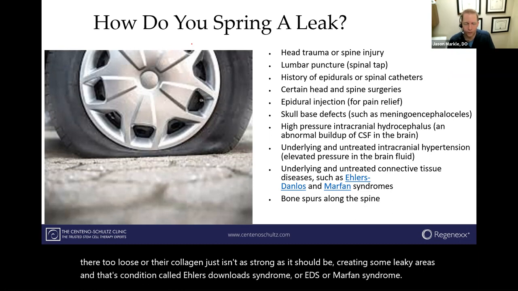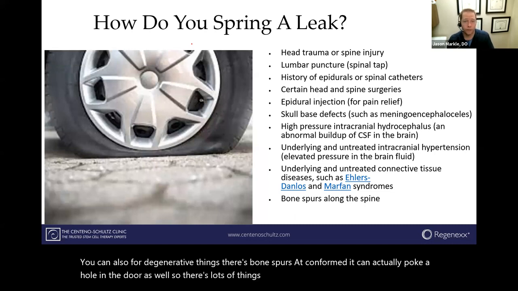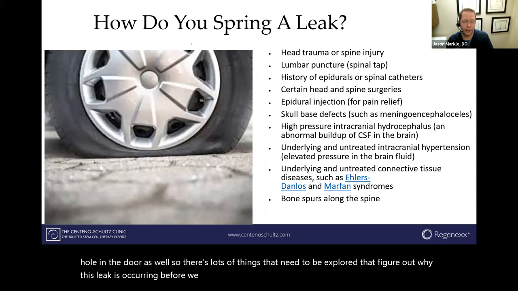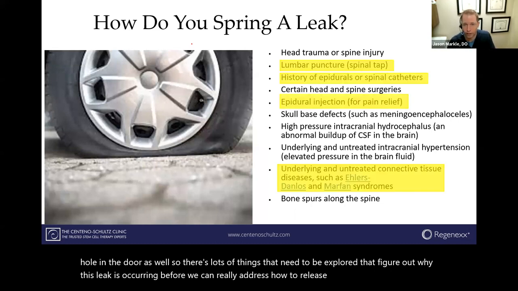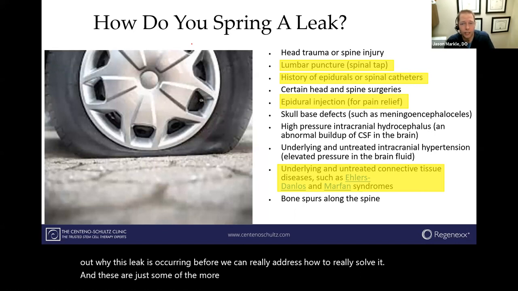For degenerative things, there are bone spurs that can form and actually poke a hole in the dura as well. So there are lots of things that need to be explored to figure out why this leak is occurring before we can really address how to solve it. And these are just the more common underlying conditions that we see on a daily basis that cause a dural leak.